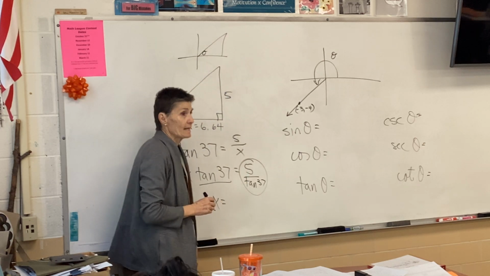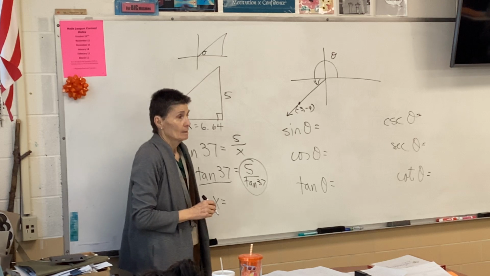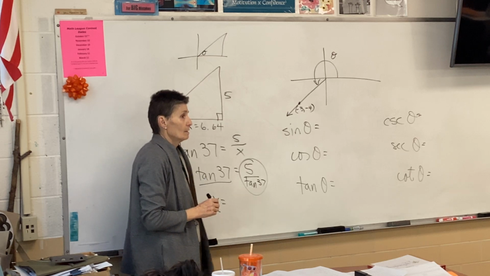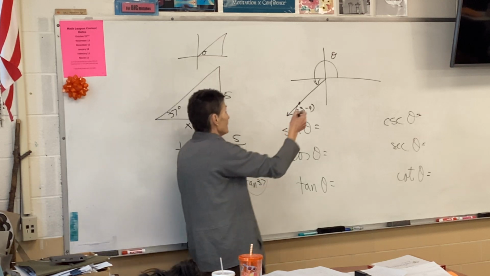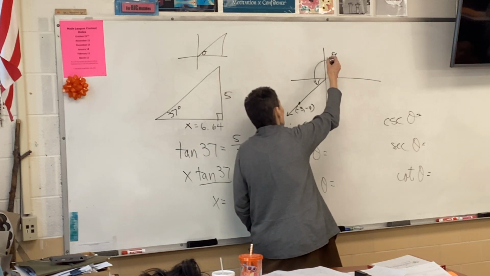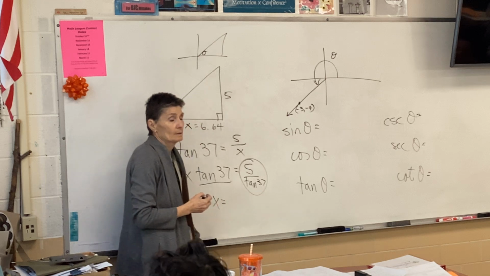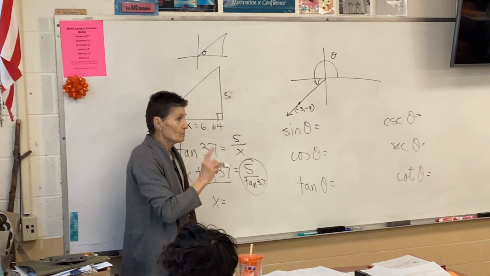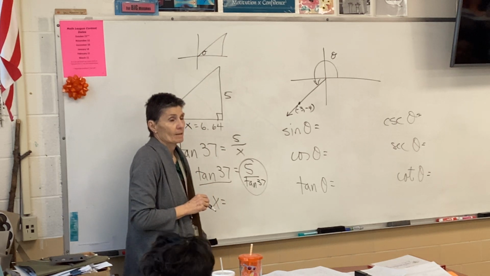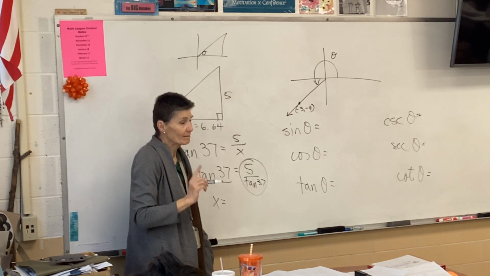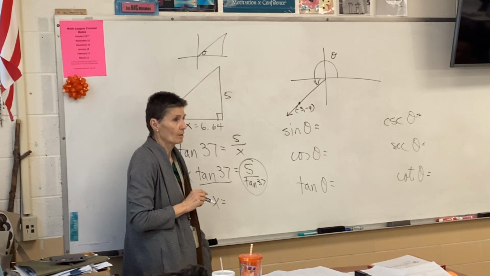They all look like that. This angle is all the way around to quadrant 3. The good news is that doesn't change hardly anything about what we do, all right?